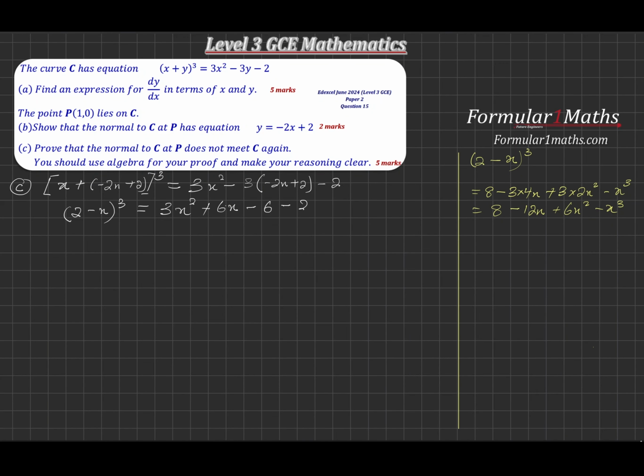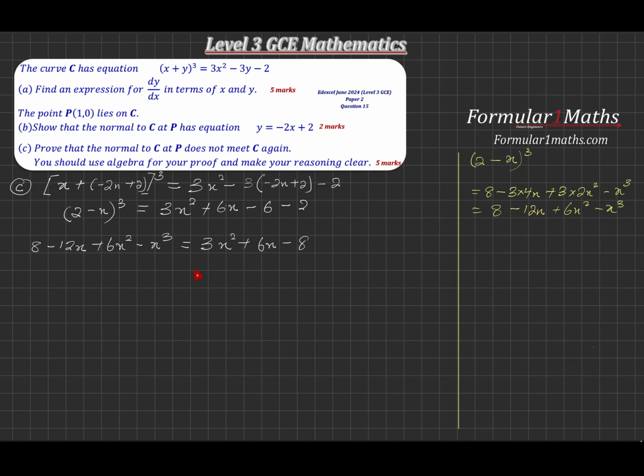So now I can replace 2 minus x all cubed with this. So I get 8 minus 12x plus 6x squared minus x cubed is equal to 3x squared plus 6x minus 8, which is minus 6 minus 2.